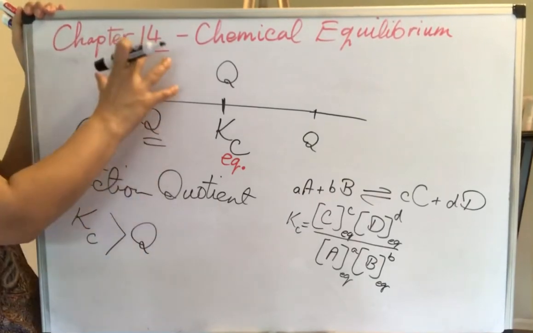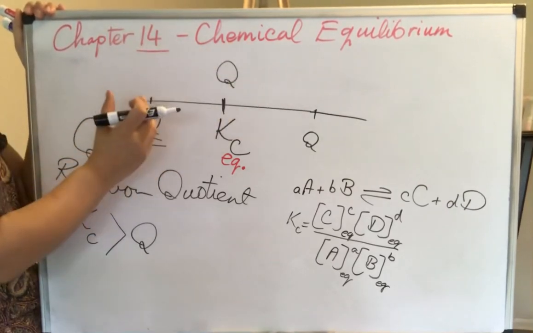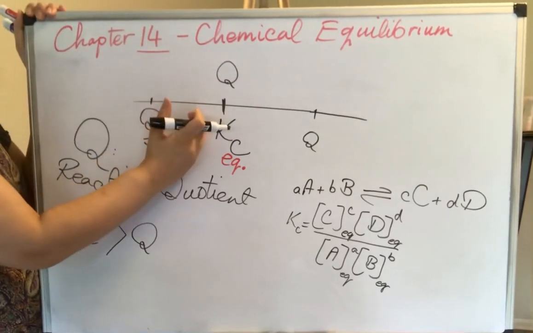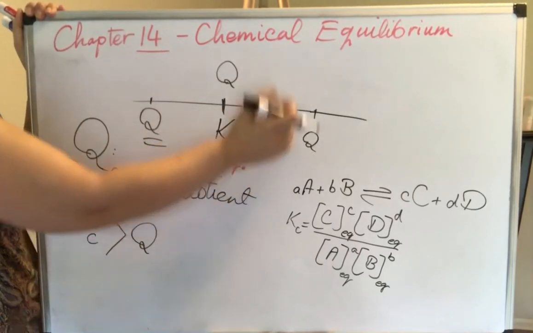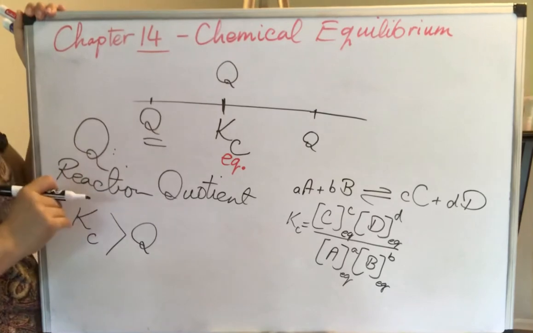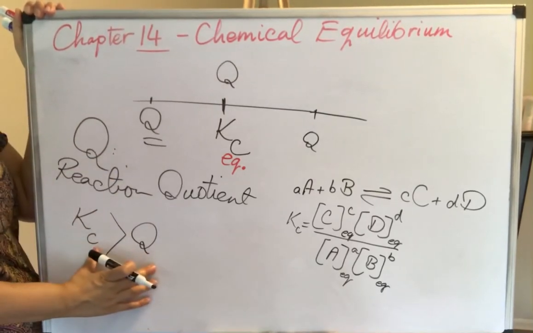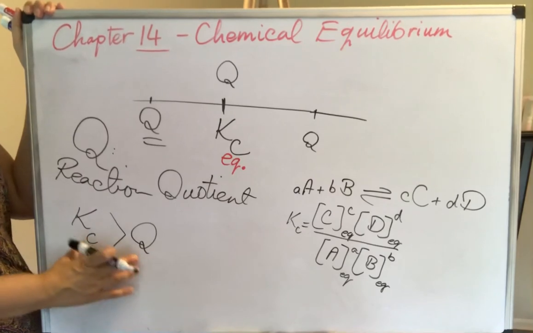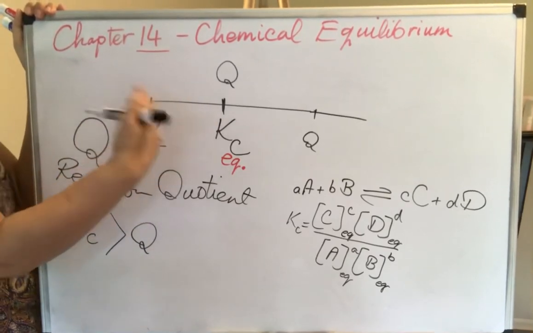So Q is a measure of where you are standing. Have you reached equilibrium? Have you passed equilibrium? Or are you at equilibrium? How do you determine it? By comparing it to the value of Kc. If Kc is still larger than Q, you still haven't reached equilibrium.